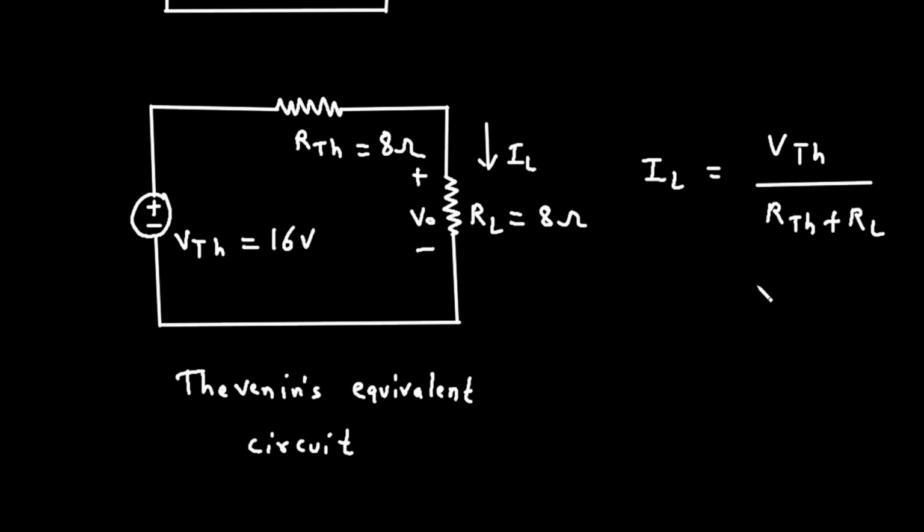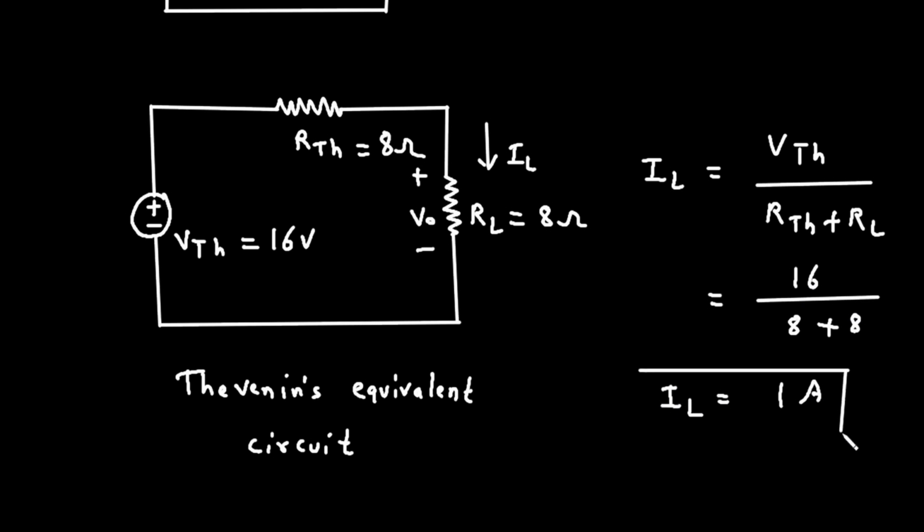This is simple Ohm's law. Voltage divided by resistance. So the value of VTH is 16 divided by RTH value is 8 plus RL value is also 8. So 16 by 16 is 1 ampere. So this is the value for IL, but here we have to find the value of VO.